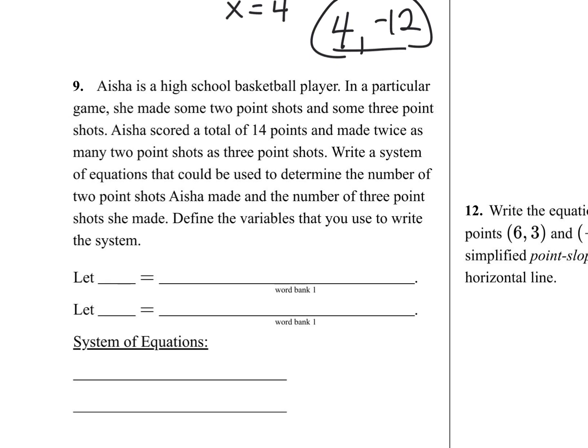Aisha scored a total of 14 points and made twice as many 2-point shots as 3-point shots. Write a system of equations that could be used to determine the number of 2-point shots Aisha made and the number of 3-point shots. Define the variables that you use to write.